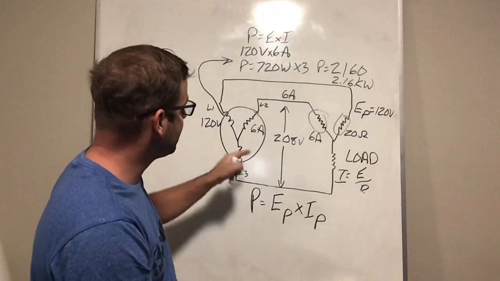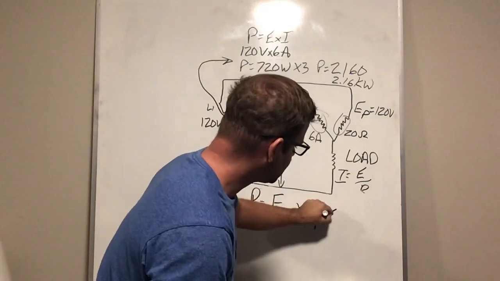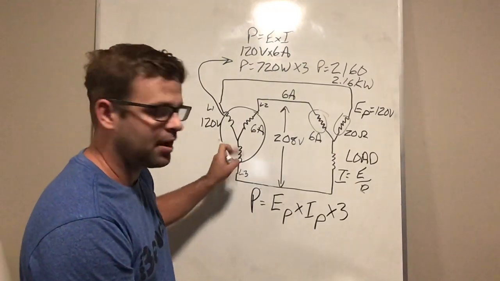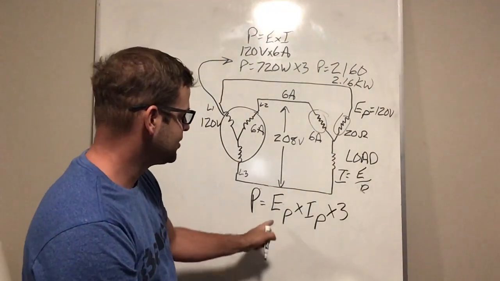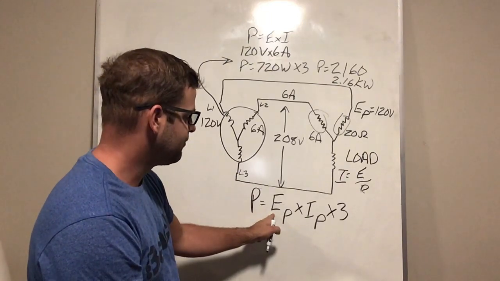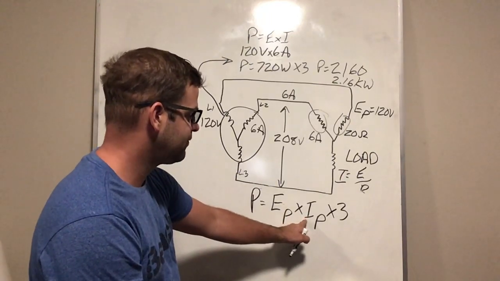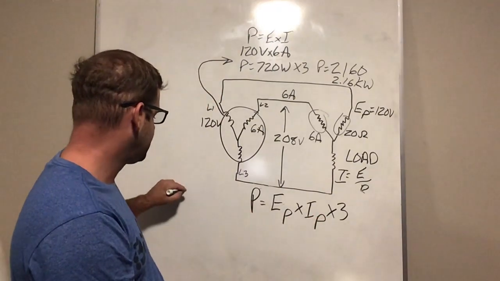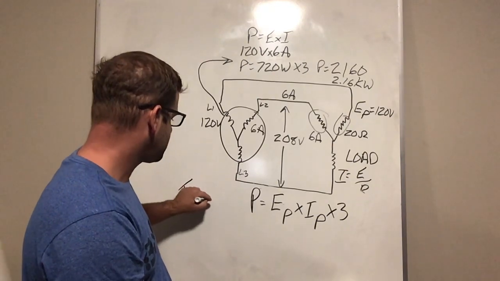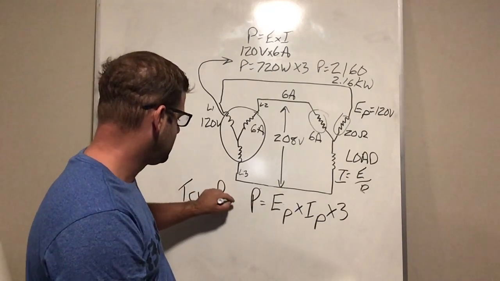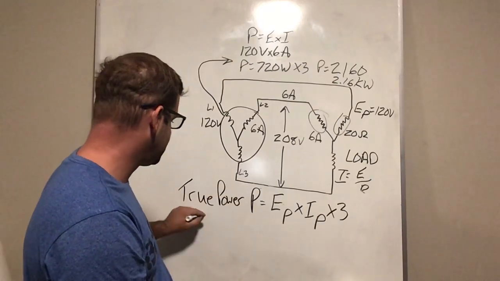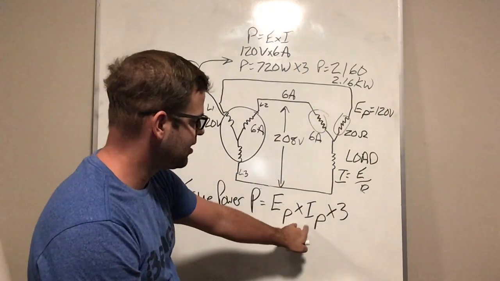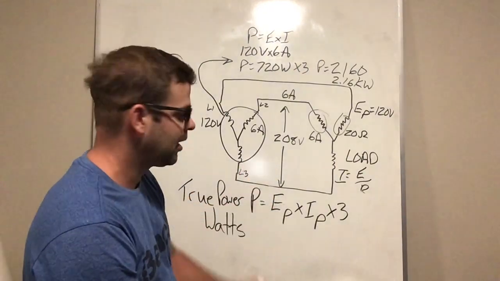And to finish that off, we have 3 of them, so I multiply that by 3. So if I'm using phase values, I do my voltage phase, my current phase, multiply that by 3, and that is my true power, which is measured in watts. So I'm using phase values and multiply that by 3.